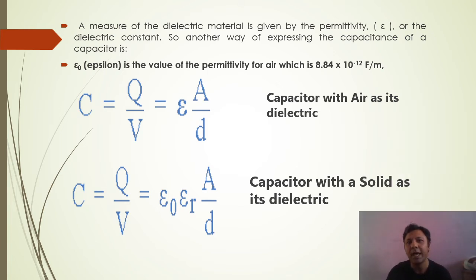The measure of the dielectric material is given by permittivity, epsilon, also called the dielectric constant. So C equals epsilon A divided by D, where A is the area of the plates and D is the distance between the two plates, and epsilon is your permittivity.